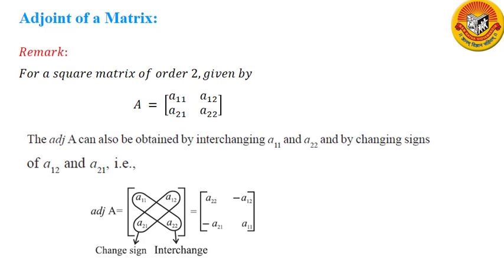So in case of a matrix of order 2 by 2, to find adjoint we interchange the diagonal elements, that is A11 and A22, and we change the sign of the non-diagonal elements, that is A12 and A21. So this is our adjoint.